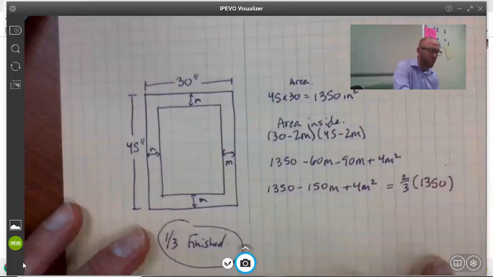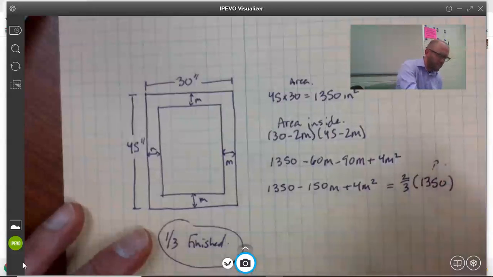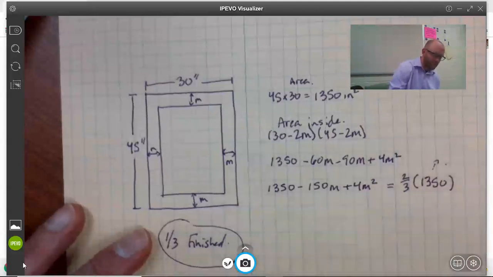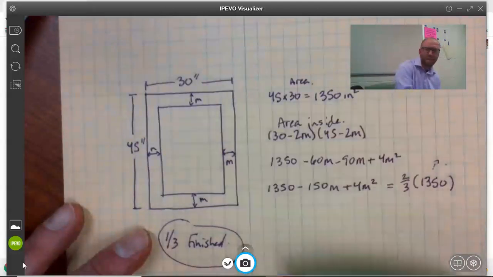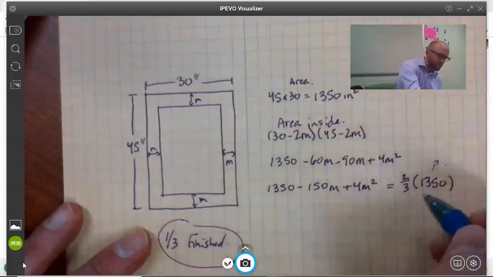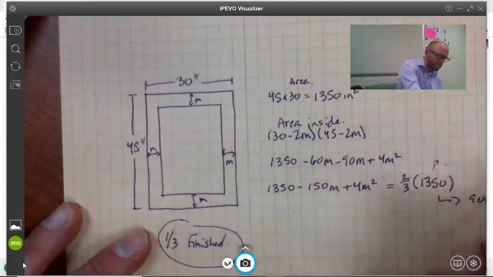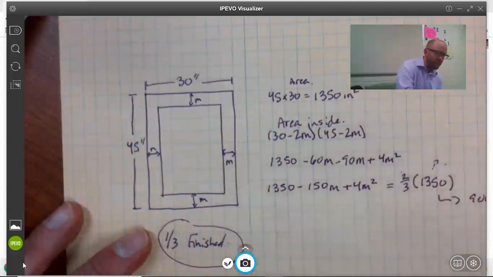Right, 2/3 of the overall area. So what is 2/3 of that? Times 2 divided by 3, 900. So I'll subtract 900 from each side.